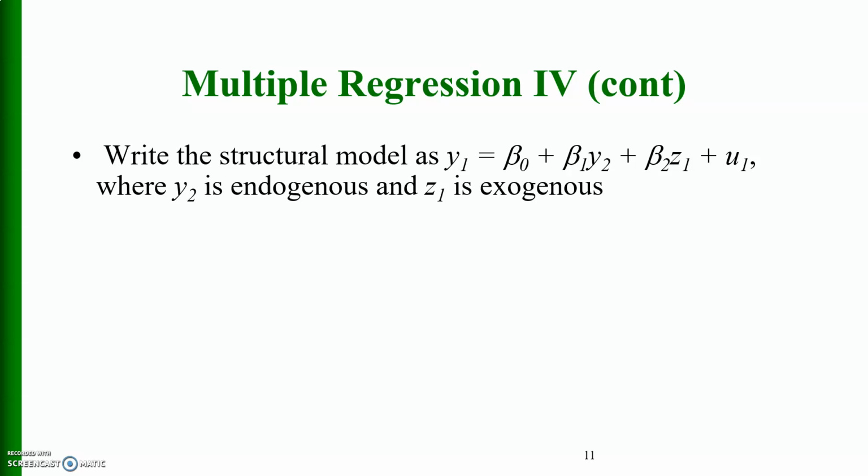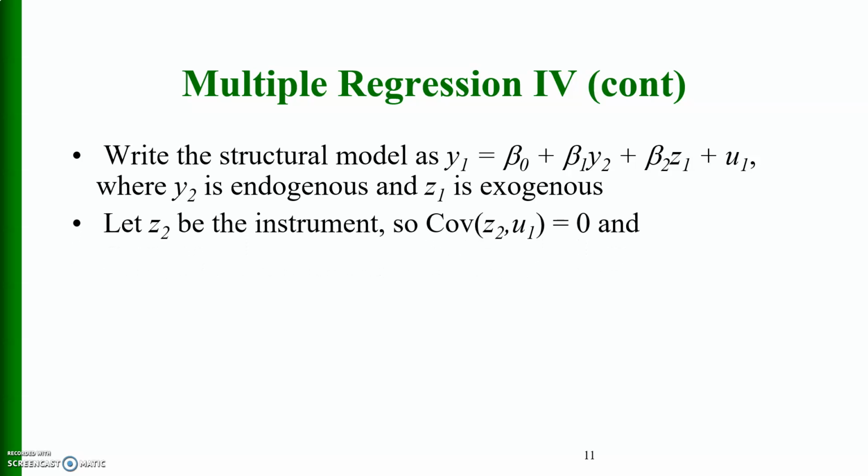We can write the structural model as y1 equals beta naught plus beta 1 y2 plus beta 2 z1 plus u1, where y2 is endogenous and z1 is exogenous. Let us suppose in this model y2 is an endogenous variable, that is, the covariance between y2 and u1 is not equal to 0, whereas z1 is exogenously determined.